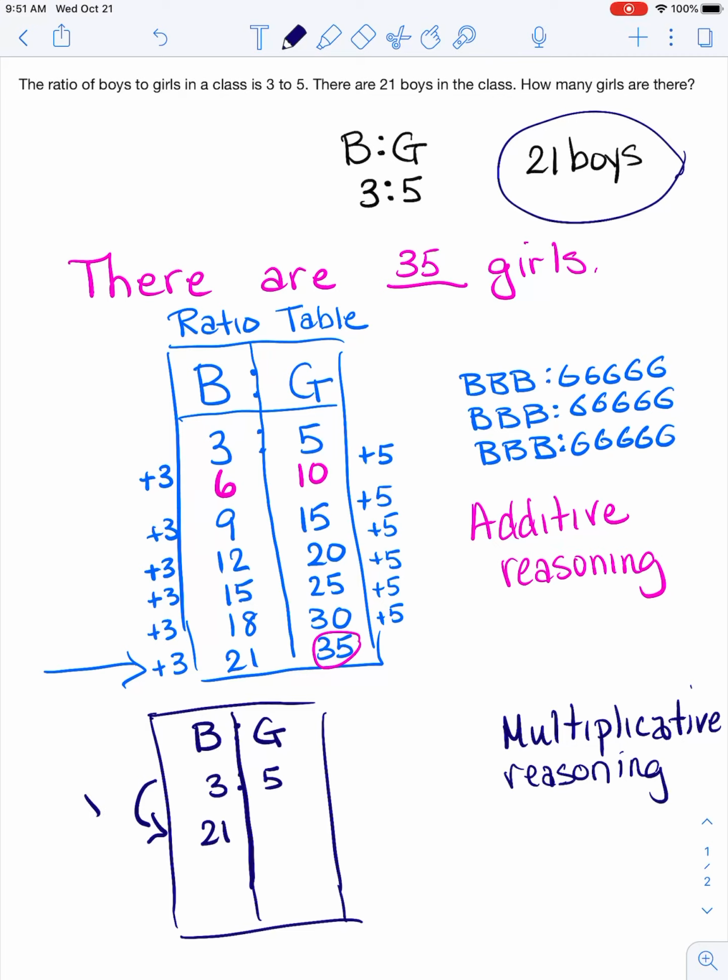If I know my 3 times tables, I know that 3 times 7 is 21. What that means is I'm going to repeat the original pattern 7 times. I'm going to keep on adding 3 plus 3 plus 3, and we can see that up in the table on top. If I have to repeat the boys 7 times, I have to repeat that original 5 girls 7 times. And so 5 times 7 is 35. And here is the number of girls.